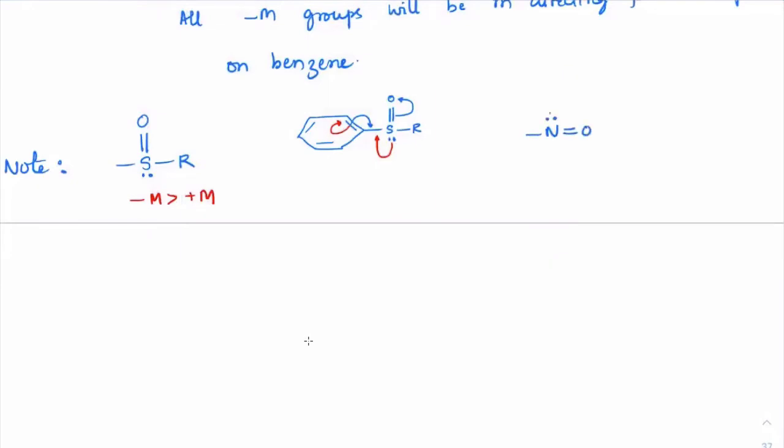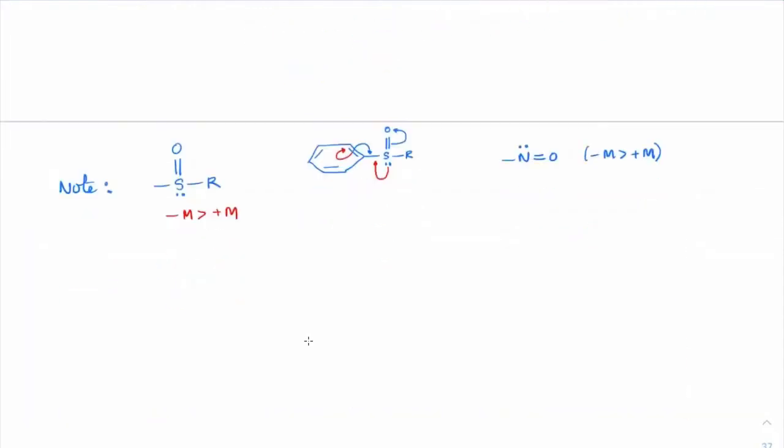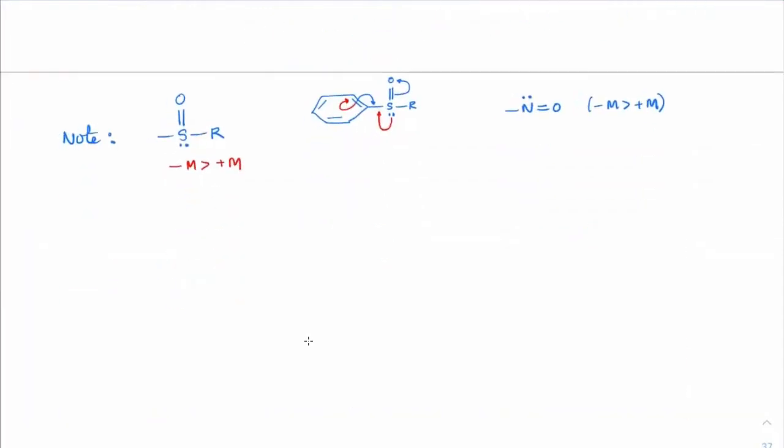So this lone pair can be given here and pi bond can be moved towards this nitrogen. Both can happen. And when both happen, we can say its minus M is more dominant than its plus M. Due to electronegativity, carbon and sulfur you are considering, carbon and nitrogen you are considering, which is more electronegative? Sulfur is being more electronegative. So its ability to pull the electrons will be better than donating.